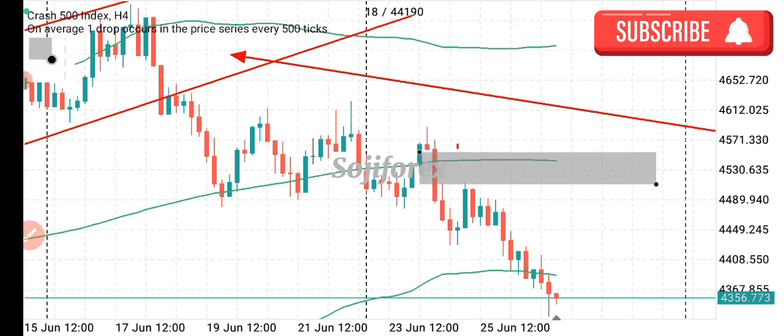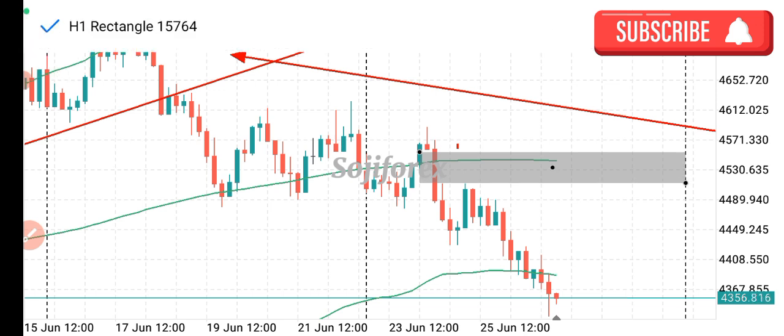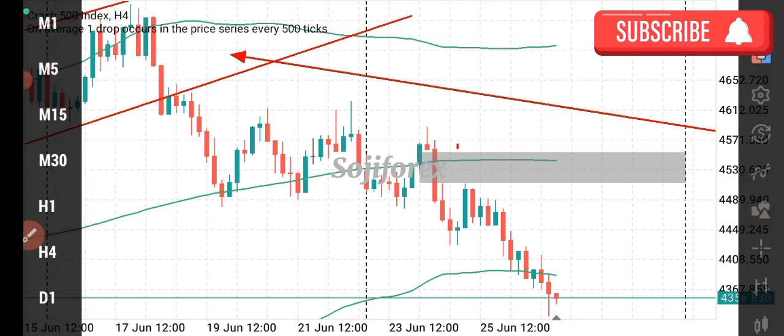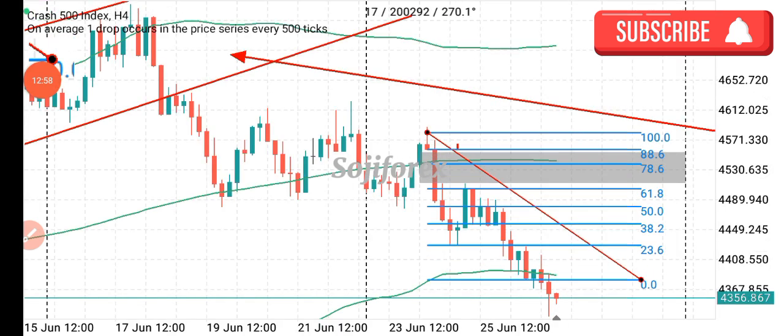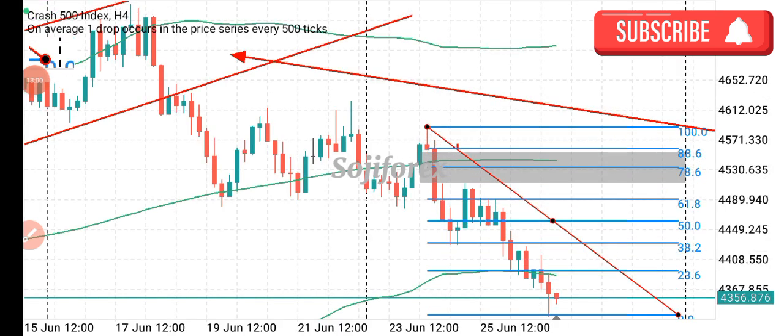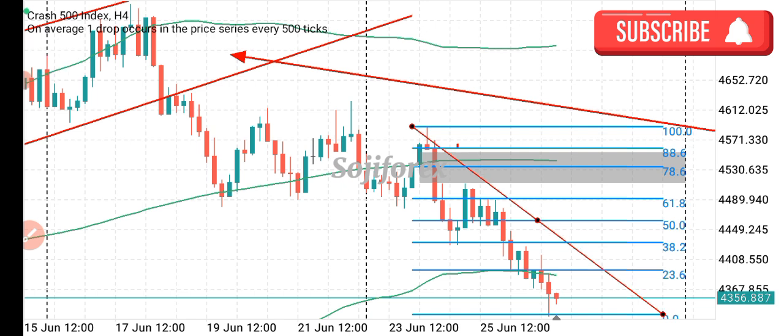Here is an imbalance. So if we are to keep this level, we have something like this. So this is our level and this is the imbalance.